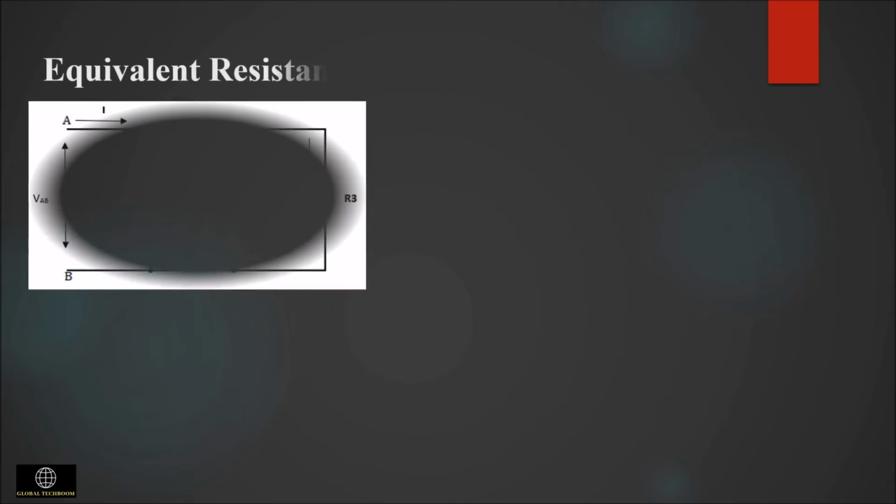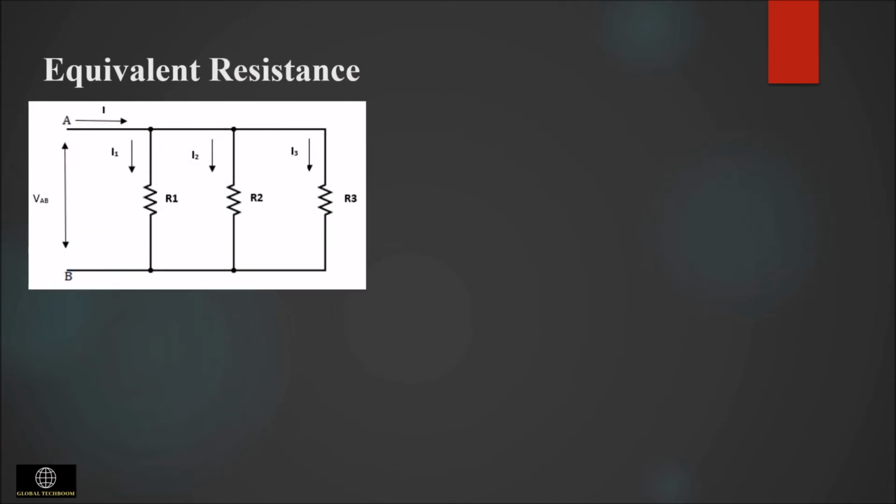Now let us discuss how to find the equivalent resistance. The resistors connected in parallel combination can be replaced by a single resistor with the resistance equal to the equivalent resistance of the parallel combination resistors. The voltage across each resistor is the same while the current is equal to the sum of the individual currents.